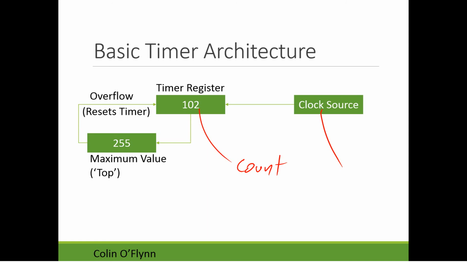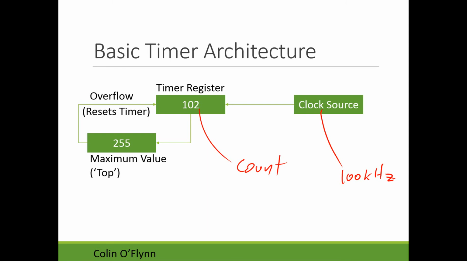Most of the time, the microcontrollers also give you an ability to use other clock sources, which divide down that frequency. The problem is that 14 megahertz might be too fast, so maybe you want this to run at 100 kilohertz, or maybe at 100 hertz, or some slower value. So the microcontroller will give you an ability to generate some clocks, not any clock you want, but some amount of clocks.